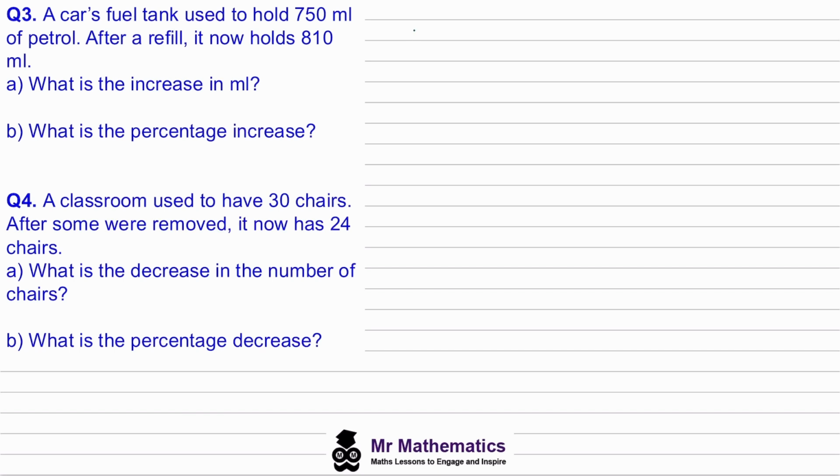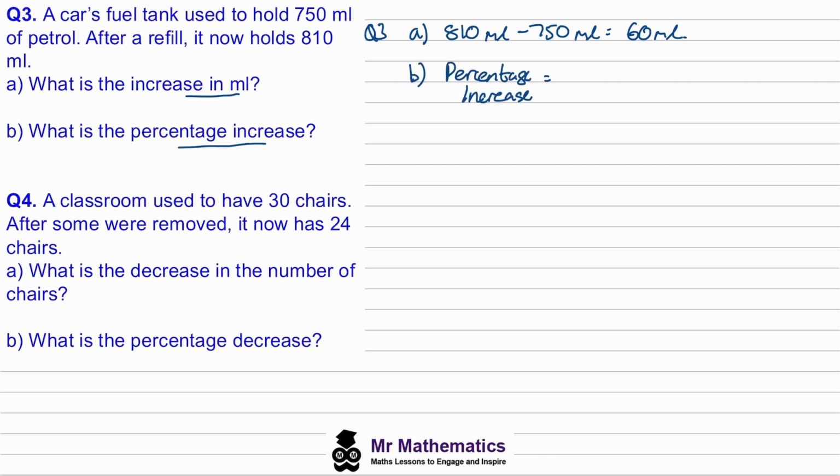Okay, so welcome back if you had a go. So for question 3 part A, to work out the increase in millilitres, this will be the difference between the 810 and the 750. And this will give us a difference of 60 millilitres. The percentage increase will be the increase divided by the original.